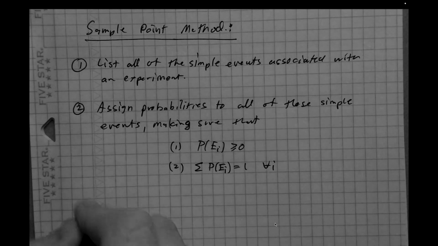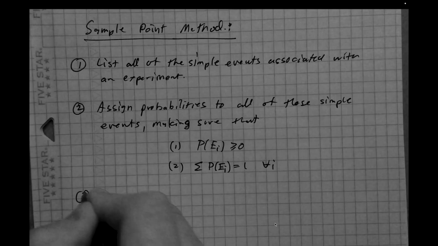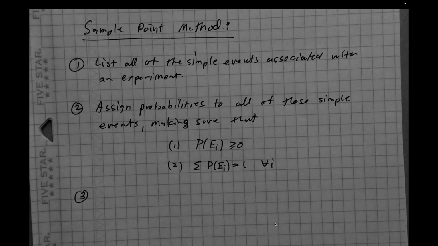The third thing we want to do is, we have an event of interest. We'll call it event A. We want to define event A as a collection of simple events.